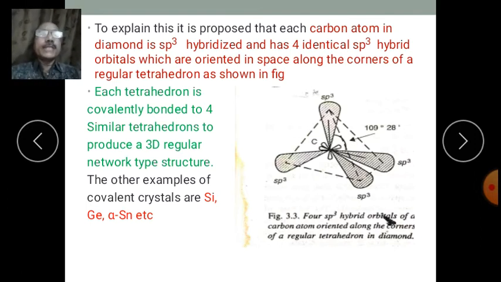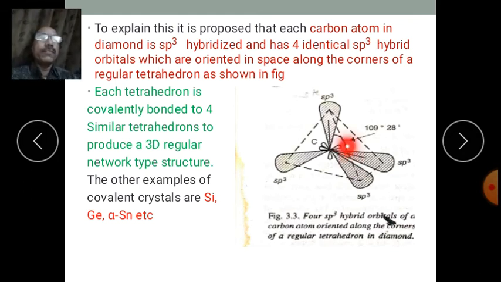So to explain this, it is proposed that each carbon atom in diamond is sp3 hybridized and has 4 identical sp3 hybrid orbitals which are oriented in space along the corners of a regular tetrahedron, as shown in the figure, isn't it?